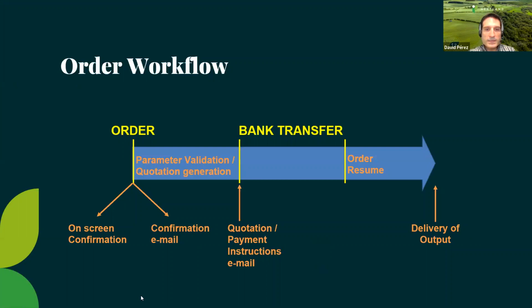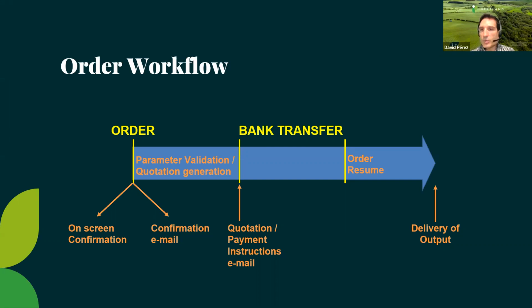So once we get that order, you will get the on-screen confirmation, and you will get an email confirmation with the parameters of the transaction. We, on the technical side, will make sure that your parameters are valid, and we will create a quotation for you that we will send via email. You will get a request for confirmation together with the final price.